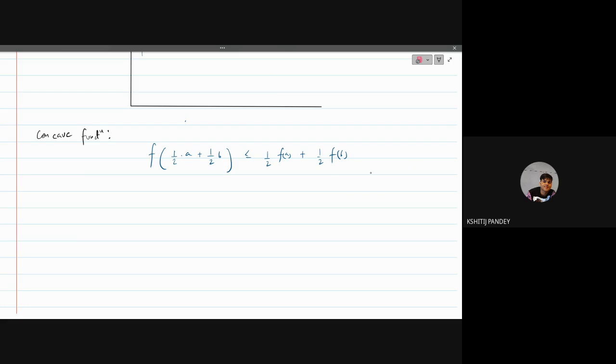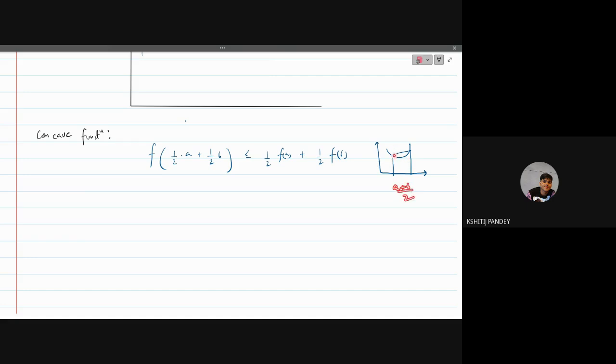So as per this definition, the graph is like this. An important thing to notice here is that this is not true only for the point (a plus b) by 2.